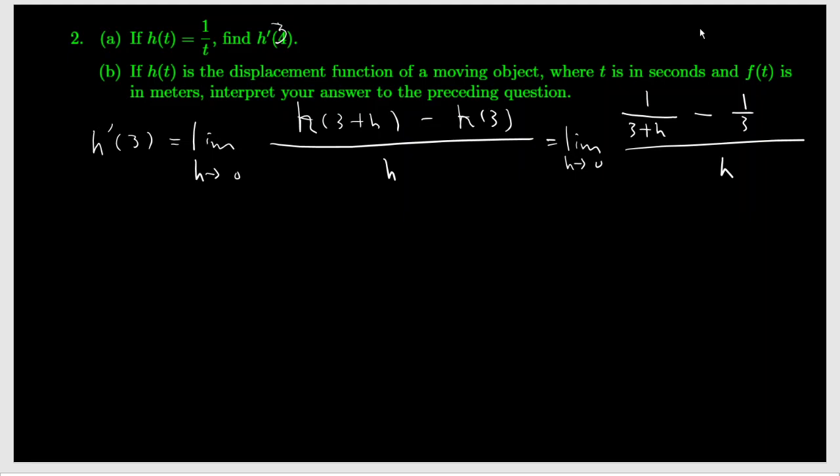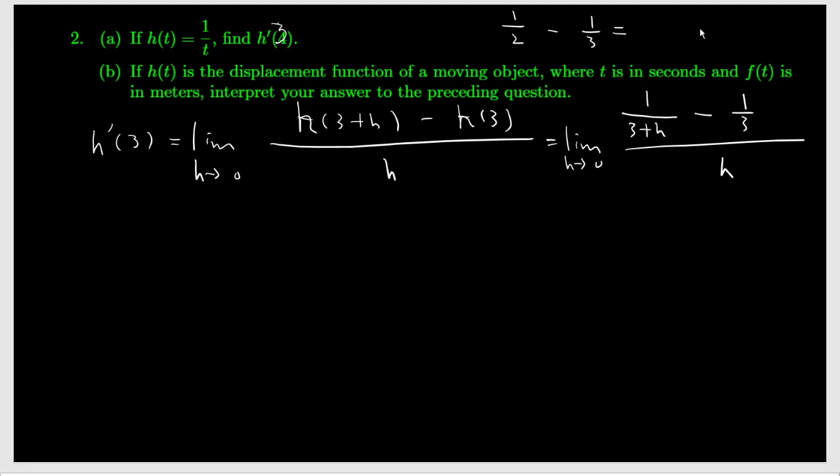Now you need to recall how to subtract two fractions. How to subtract two quotients is the same thing as subtracting two fractions. Okay, I'm pretty sure you know this, but just in case some of you have been out of school for a longer time, you need to recall this.